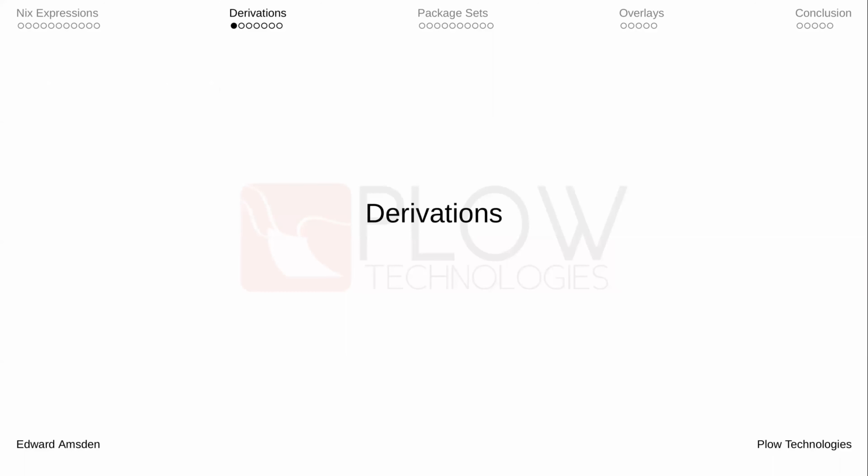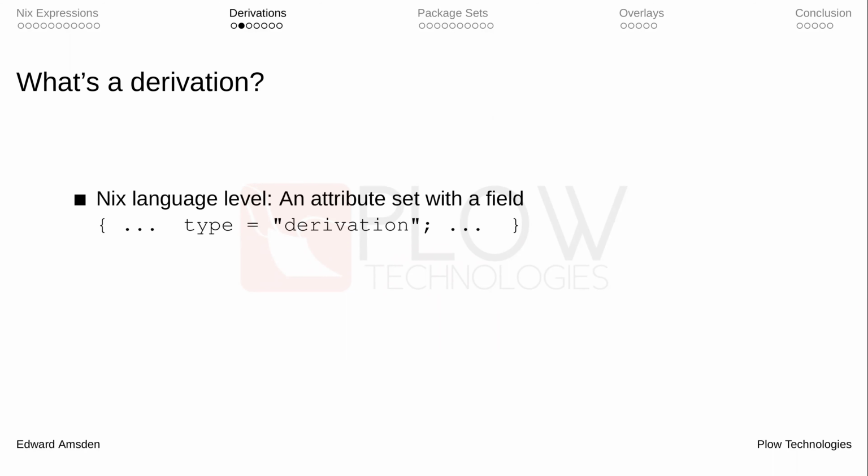So we're going to talk about derivations, which are the way in which Nix builds software. A Nix expression can evaluate to a derivation, and if it does, the derivation will be written to the Nix store and can be built. So what is a derivation? At the Nix language level, Nix will try to treat an attribute set as a derivation if it has the name type bound to the string derivation.